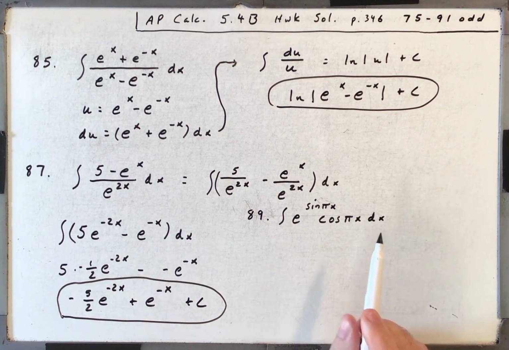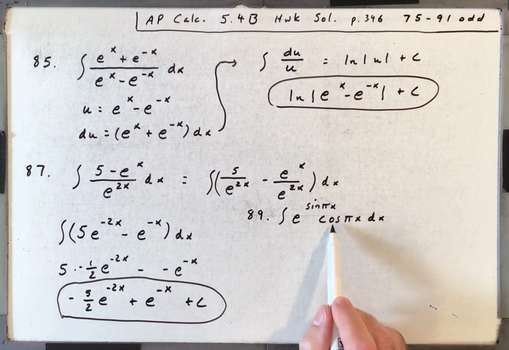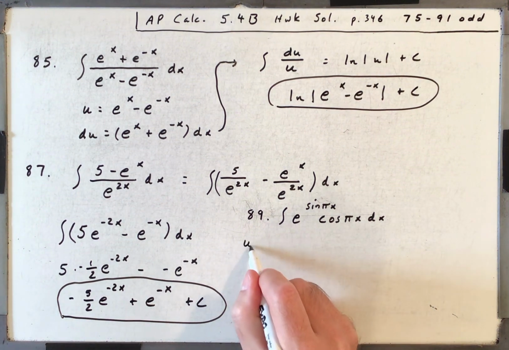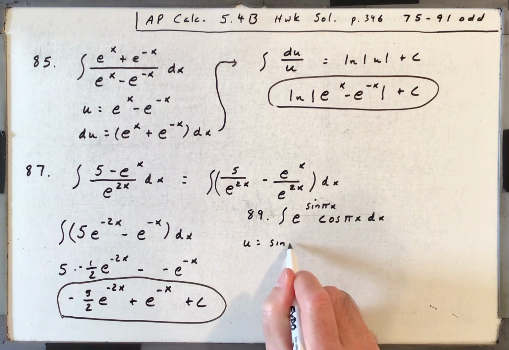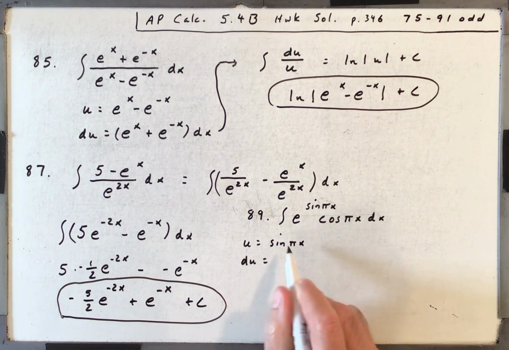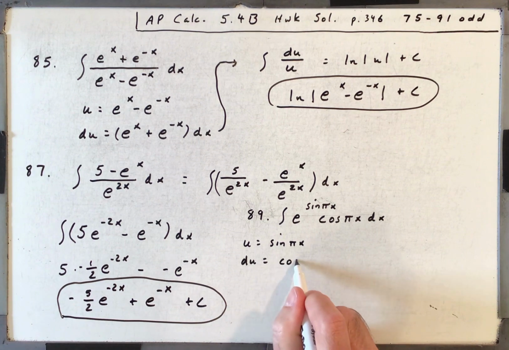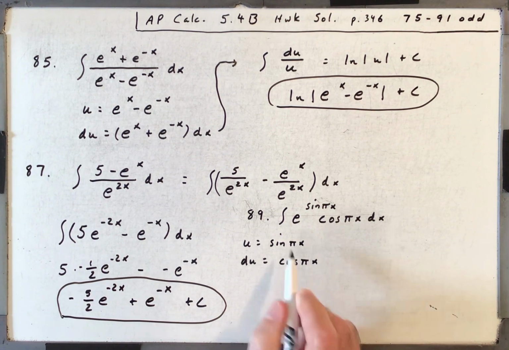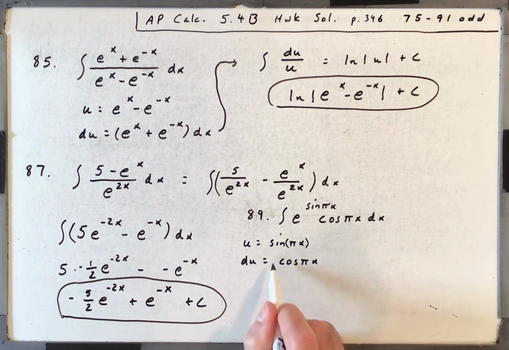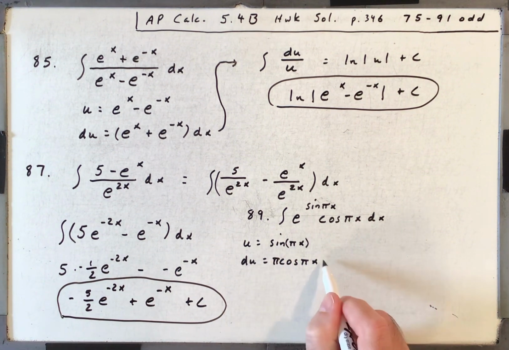So I hope you can see, if you let u be sine pi x, then du is almost cosine pi x dx. So du then is going to be cosine pi x times pi. Remember, you've got to times the derivative of the angle. So it's going to be pi cosine pi x dx.